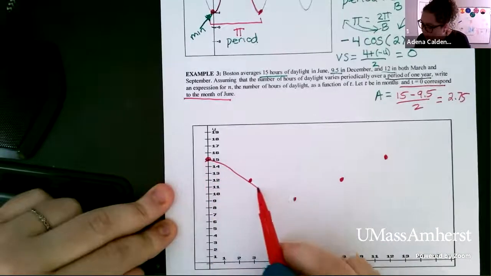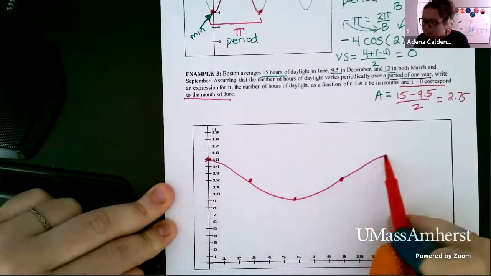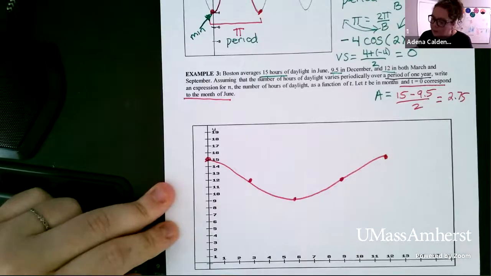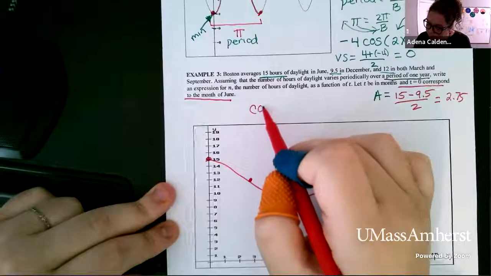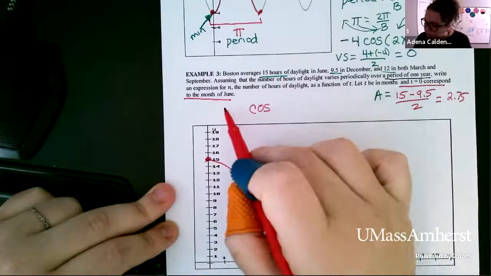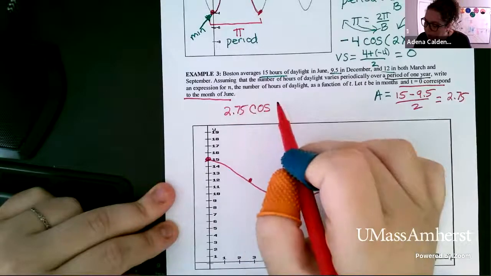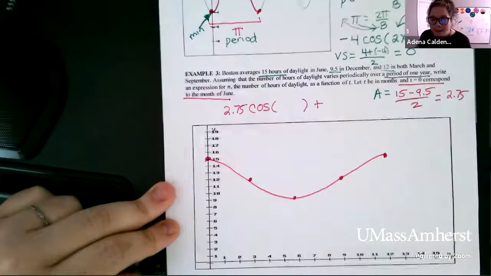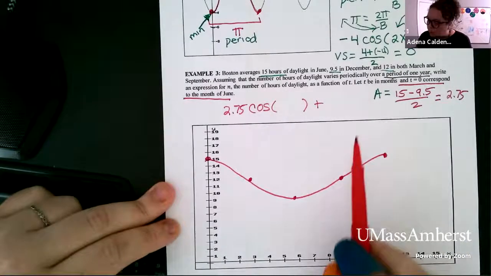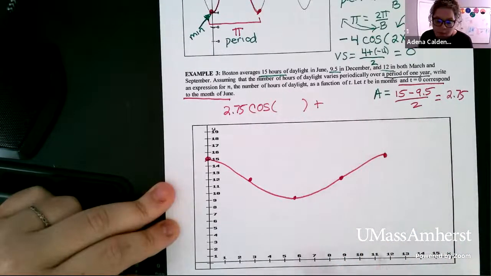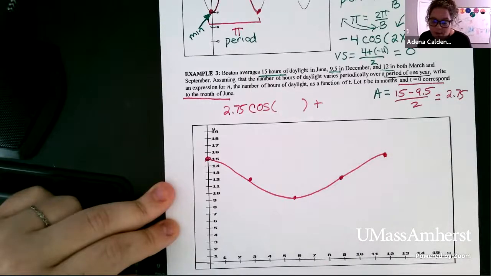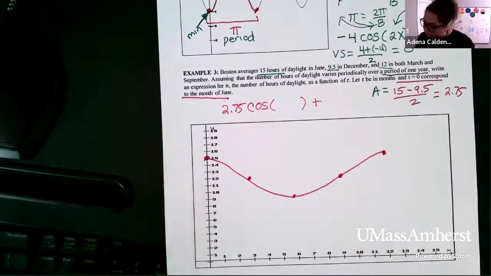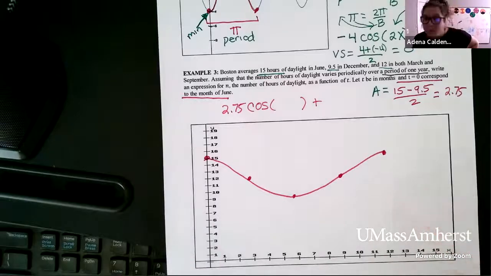And what I get from that is I see that I'm starting at a max and ending at a max. We know that that's cosine. So if our amplitude is 2.75, cosine of something plus something, my period here, right, is 1 year. So here we're talking about months. So if we're trying to figure out how often I'm repeating, it's every 12 months.